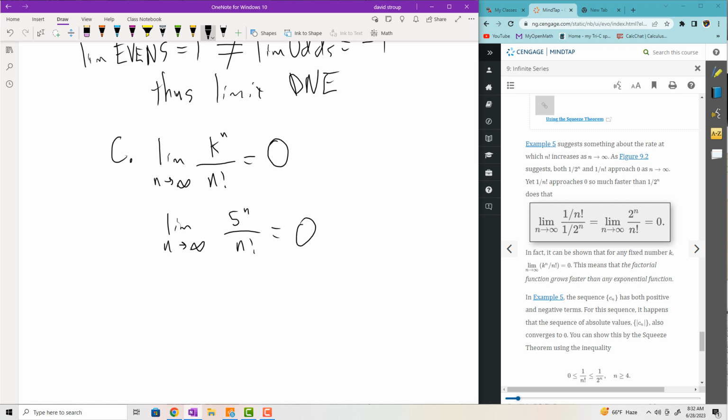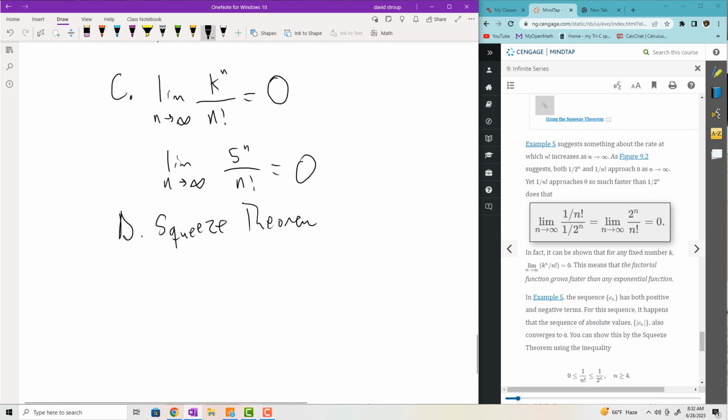Well, let me give you the squeeze theorem now. So part D is the squeeze theorem. And we actually saw this in Calc 1. You may have forgotten, but here it is again.